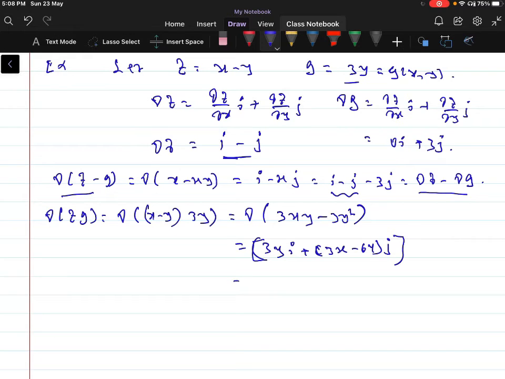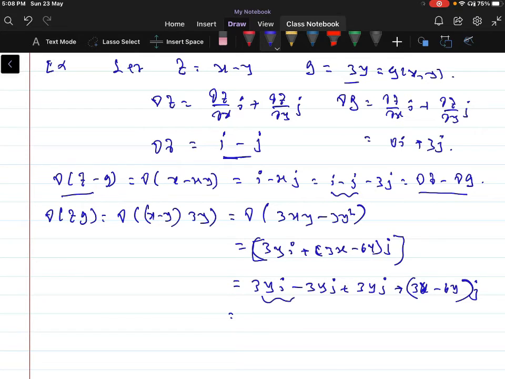So this is equal to 3y I cap, adding and subtracting 3y j cap, plus 3x minus 6y into j cap.